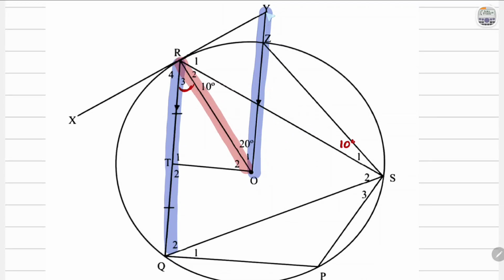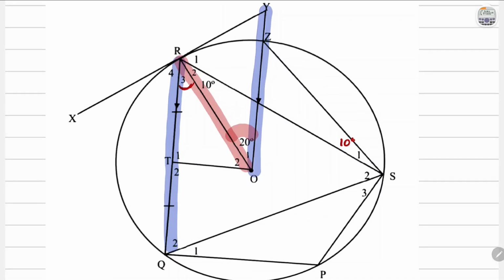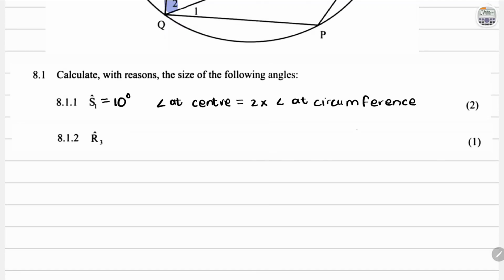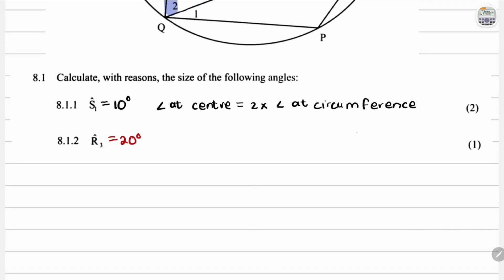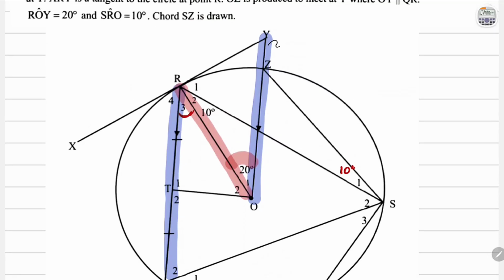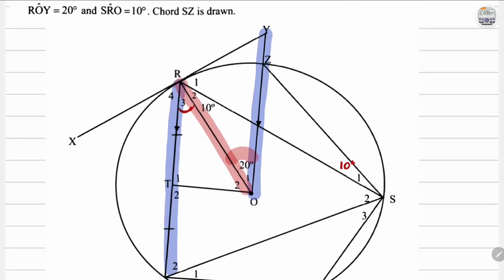And immediately we can already see that this forms a Z or an N. So it would mean that angle R3 should be equal to this angle, angle O1, which is 20 degrees. Okay, so that means that angle R3 is actually equal to 20 degrees, because it's equal to angle O1. And this is because we have alternate angles.